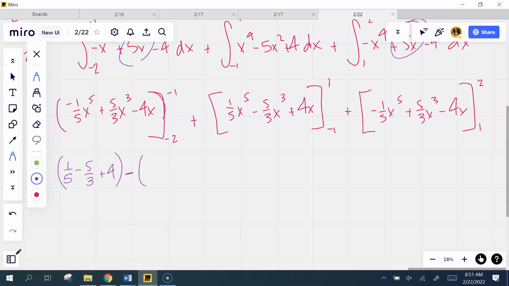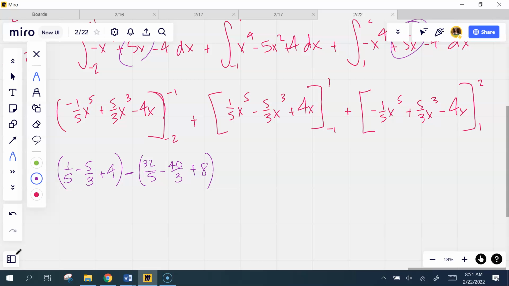Right? Eight times 5. I think this is definitely becoming a calculator problem at this point.